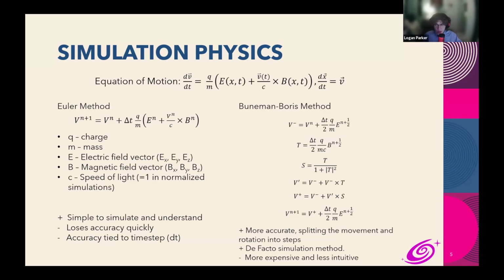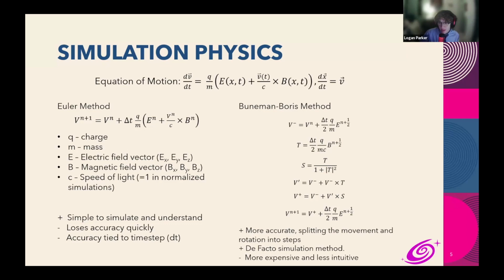Here are the simulation physics and the equations needed, such as the equation of motion, as well as two different methods for simulation. There are a lot of numbers and variables here, which I don't need to go into too much. The Euler method moves the particle every single time step. It is very simple to understand, just one formula, but it loses accuracy very quickly, and its accuracy is tied to how small the time step is.